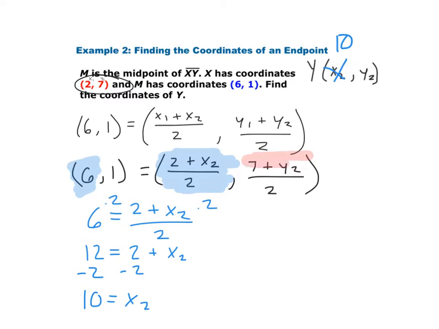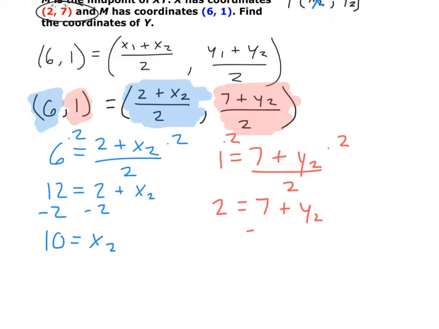So we have this, and we set it equal to the y midpoint. So we'd have 1 is equal to 7 plus y2 over 2. Multiply both sides by 2. 2 is equal to 7 plus y2, minus 7, minus 7.